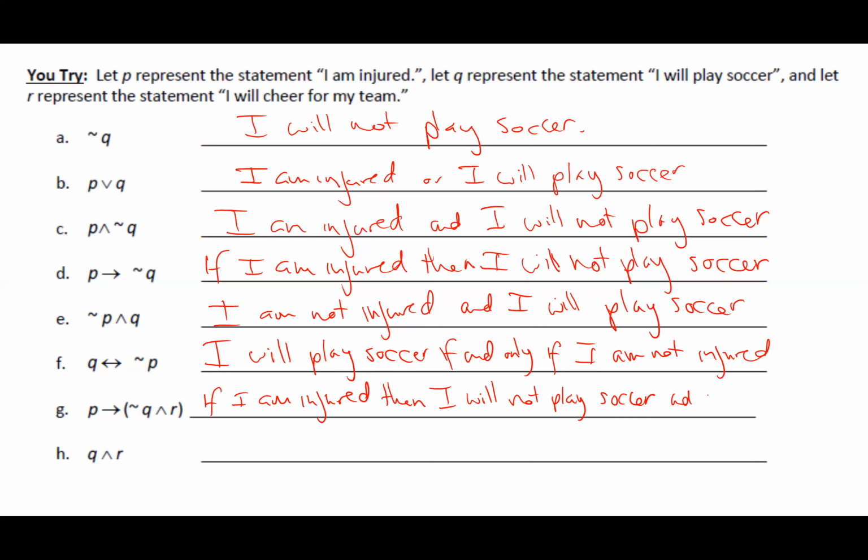And I will cheer for my team. Pretty good teammate, in my opinion. And H, I will play soccer. And I will cheer for my team.